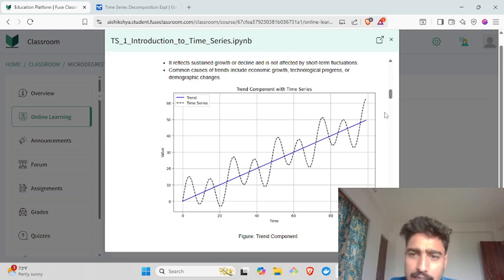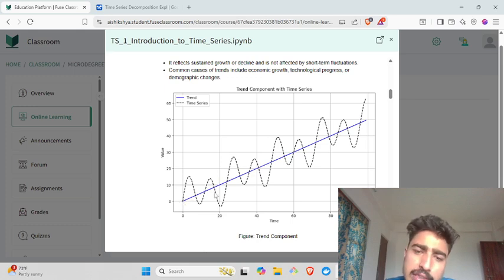Let's say the data has reached up to 62 units, the value we have labeled here. The trend is shown by these blue lines. Let's say the graph is increasing over time, and we trace it linearly.